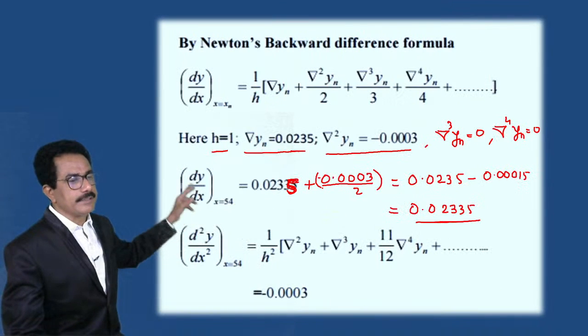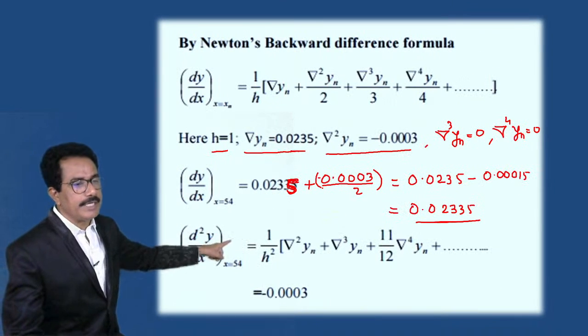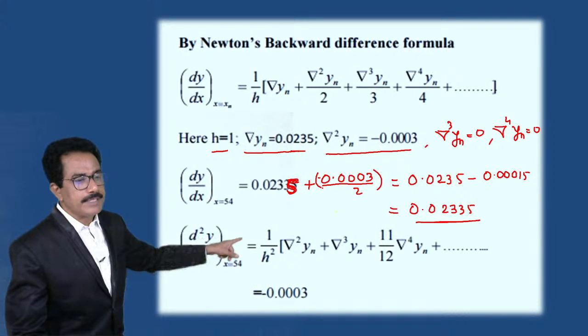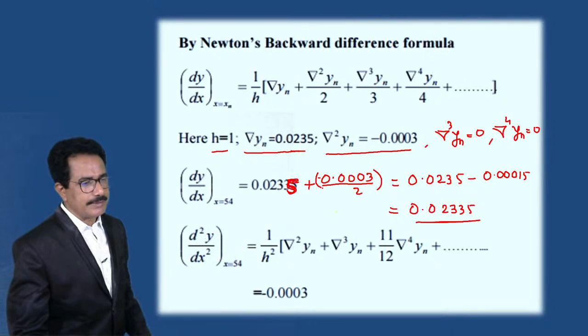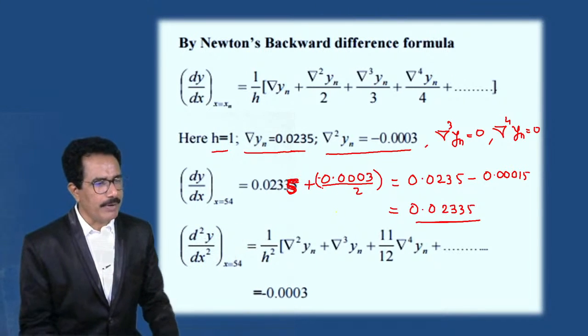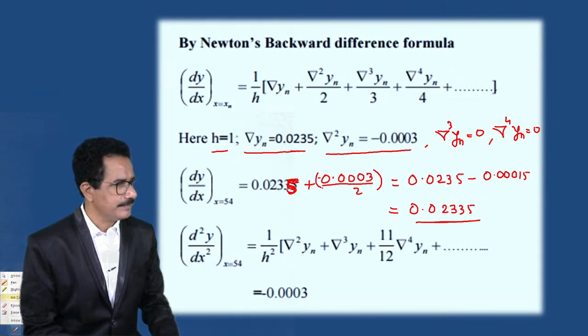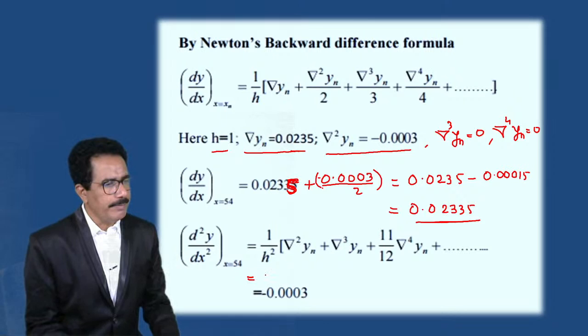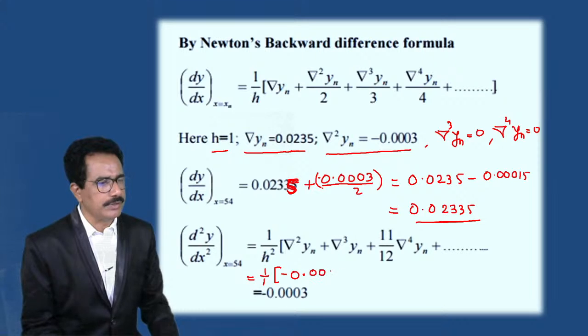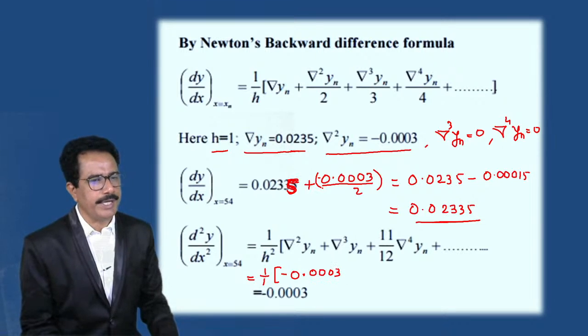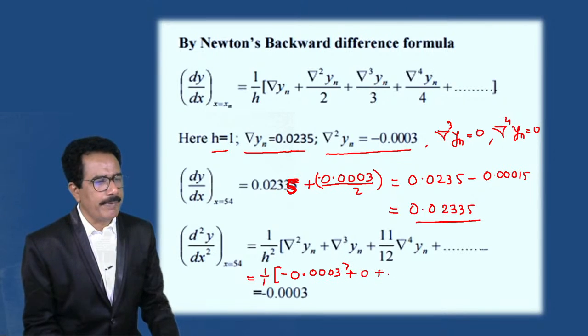So we shall take the second difference: 1/h² del square yn plus del cube yn plus 11/12 del 4yn plus dot dot dot. Now put the value in it, 1/h². So it will be 1/1, h means 1, del square yn means minus 0.0003 plus 0 plus 0.